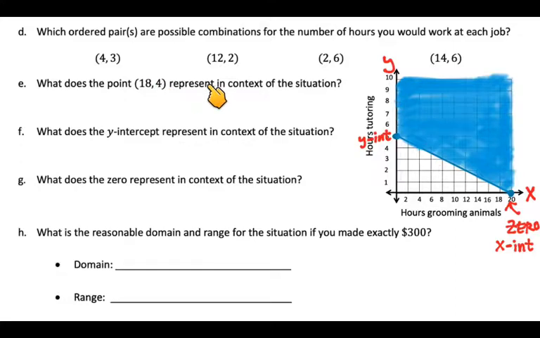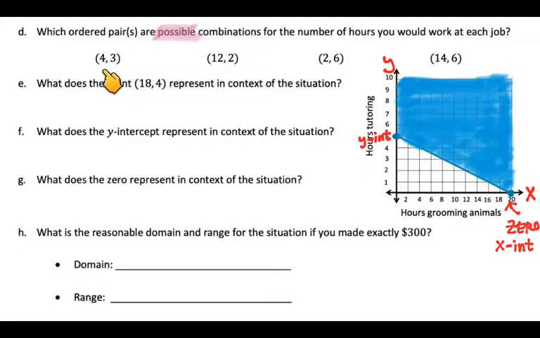So we want to determine which of these points would be possible combinations of me earning no less than $300. For this to be a possible combination, the point would have to be in the blue area here.